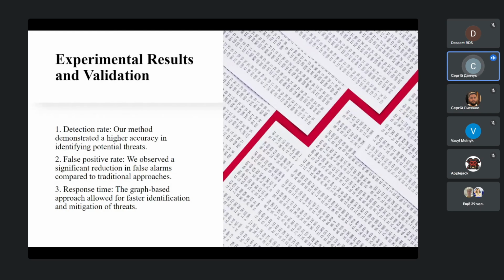Our method demonstrates a higher accuracy in identifying potential threats. False positive rate. We observed a significant reduction in false alarms compared to traditional approaches. Response time. The graph-based approach allowed for a faster identification and mitigation of threats.